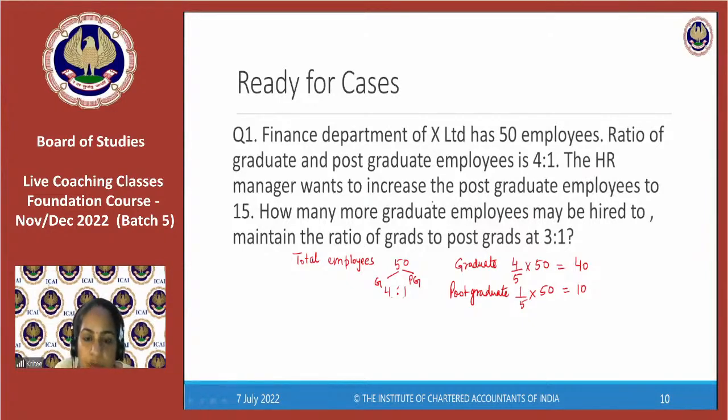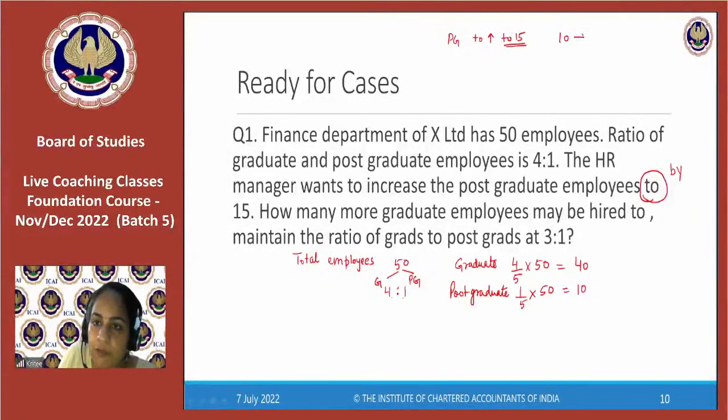Now the HR manager wants to increase the postgraduate employees to 15. This is very important. I have purposely put this word here because often students get confused with this. When postgraduate employees increase to 15, it means from 10 I want them to reach 15.